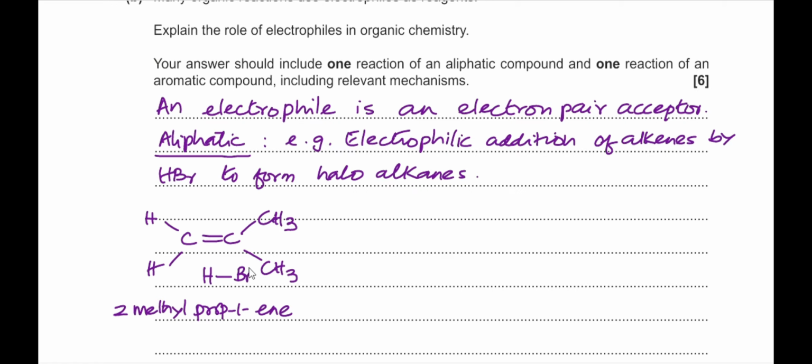The Br already has got a dipole on it with a delta negative charge because of its higher electronegativity. And this creates a delta positive charge on the hydrogen. Furthermore, the presence of the electron dense double bond creates further polarity on the hydrogen. Therefore, draw a curly arrow from the double bond to the hydrogen. This pushes off the bonding pair of electrons to bromine, which therefore breaks off heterolytically with both electrons.